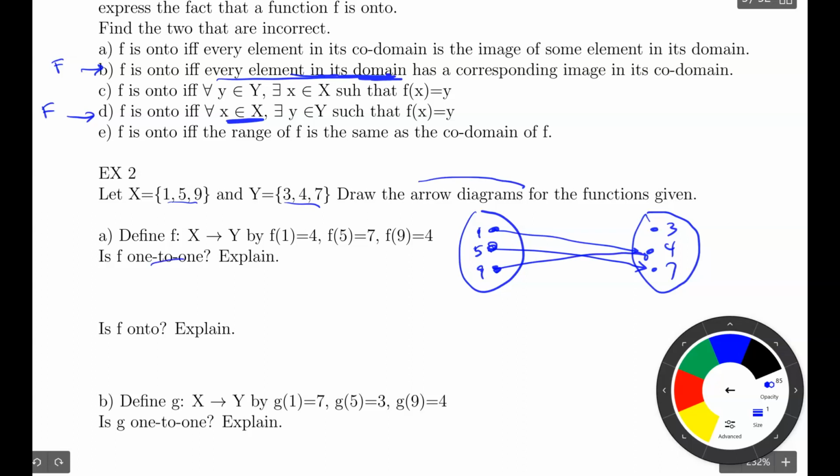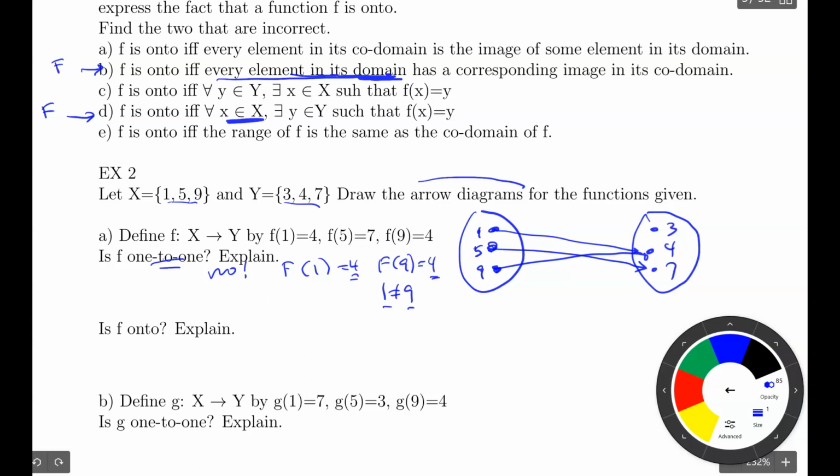Okay, so is this 1 to 1? No, because f of 1 equals 4, and f of 9 equals 4. So it's the same y value, but 1 doesn't equal 9.